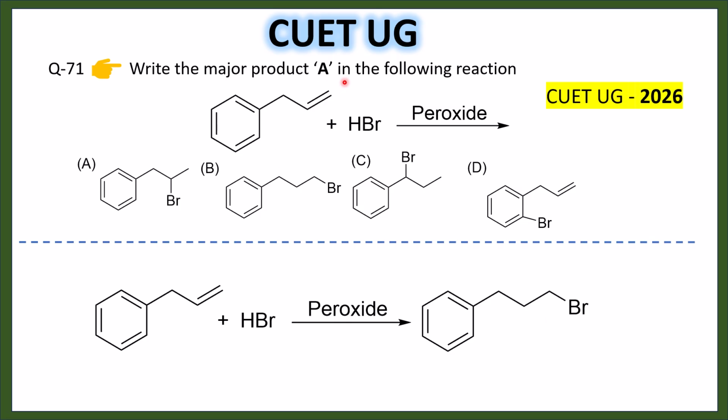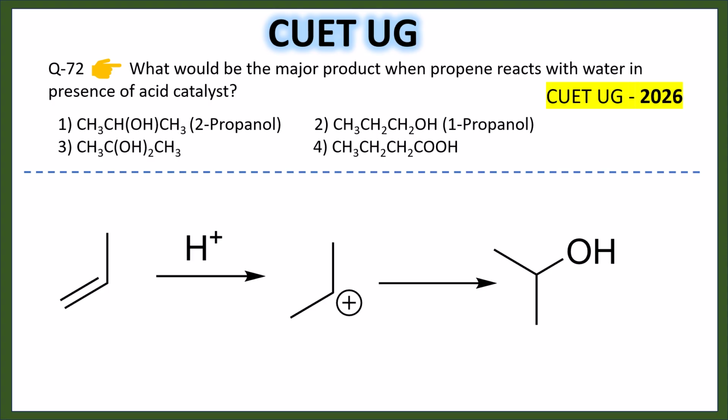Write the major product A in the following reaction. In the presence of peroxide, the terminal carbon gets the bromide. So the right option is this one. Now question number 72. What would be the major product when propene reacts with water in presence of an acid catalyst? After protonation it gives the most stable carbocation, the secondary carbocation, then water adds to give propan-2-ol.